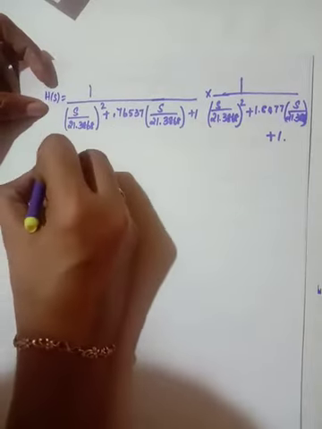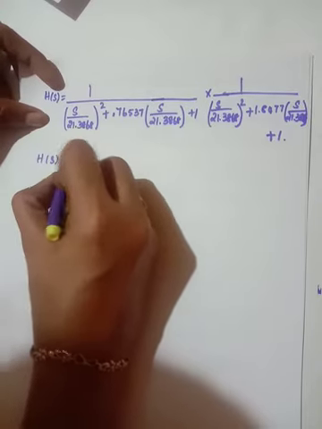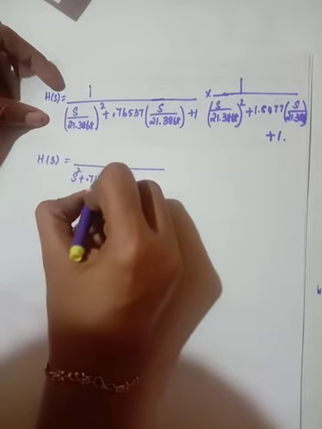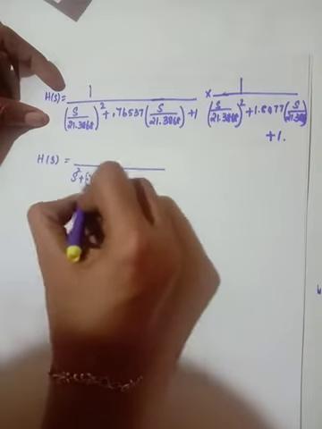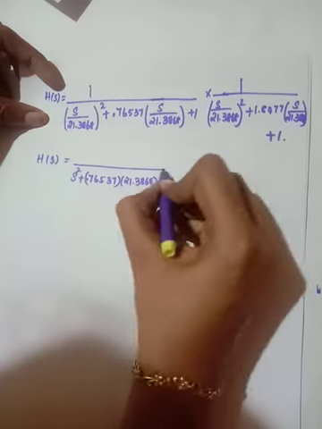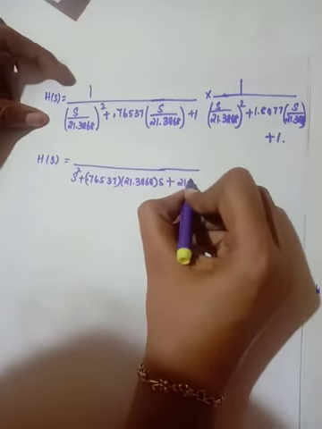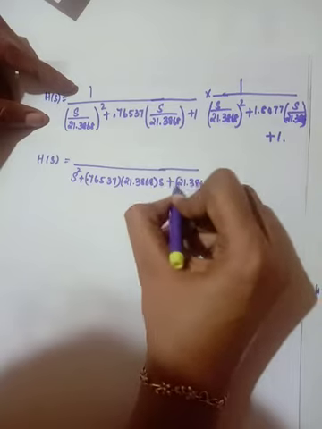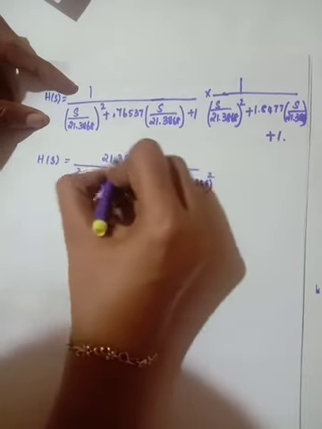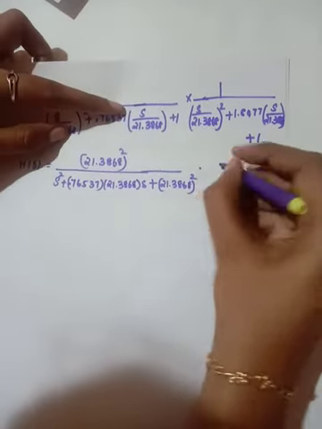Now we need to simplify this by taking the LCM. So we get s square plus 0.16537 into 21.3868 s plus 21.3868 the whole square, and the numerator is 21.3868 the whole square.